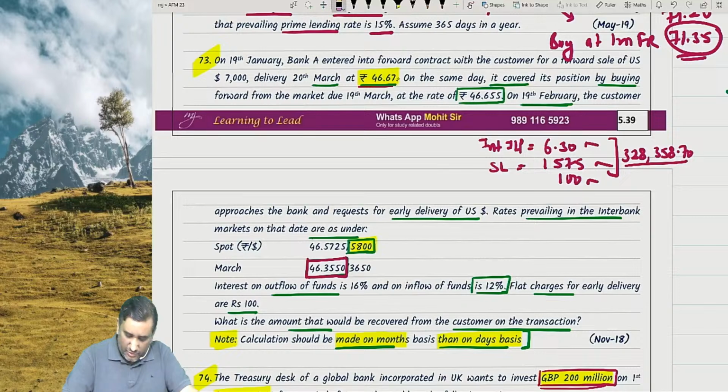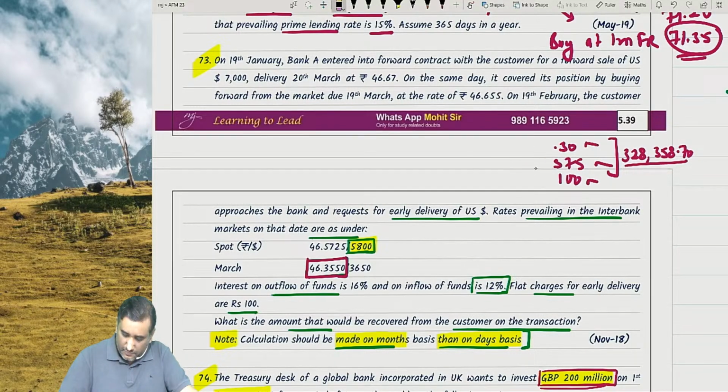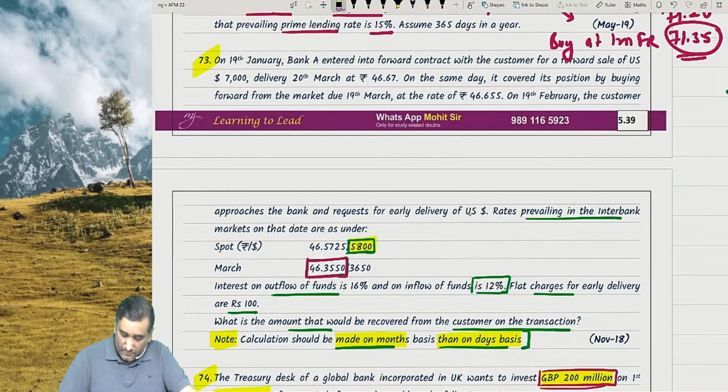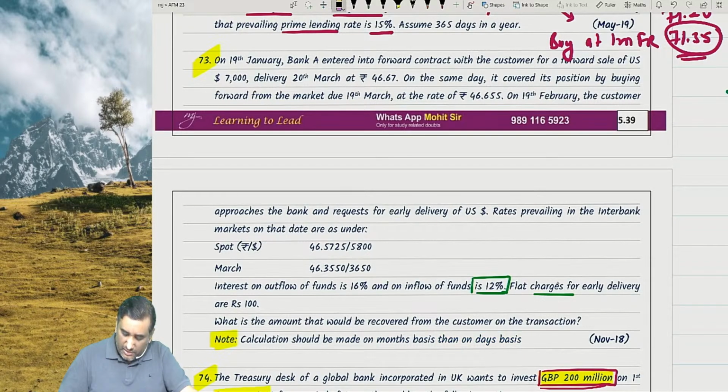Now you try. Quickly try out. And if there is any inflow, interest would be given to the customer.